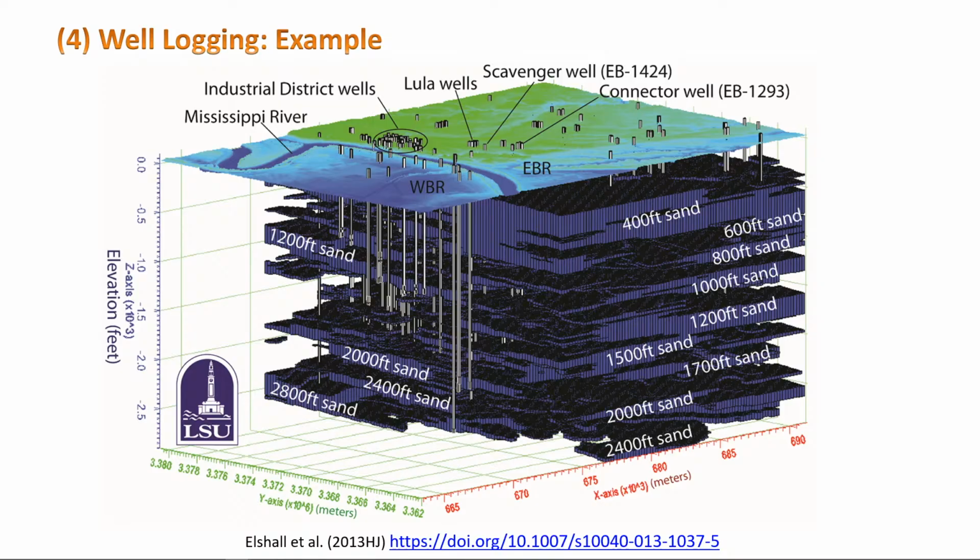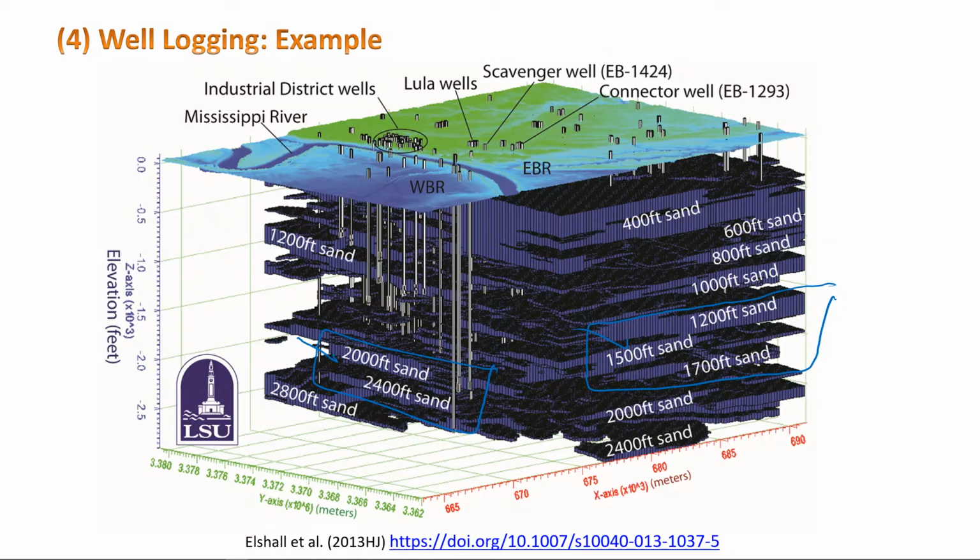For example, I told you the oil companies generally use water from these two aquifers, and this is municipal water use. So this is called the industrial aquifer, and this is the municipal aquifer: the 1200 foot sand, 1500 foot sand, 1700 foot sand. They are named by their depth from the subsurface.